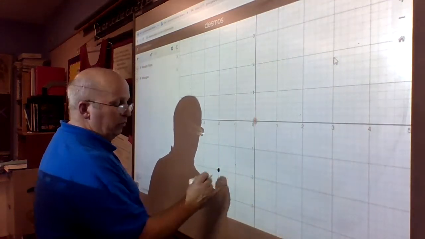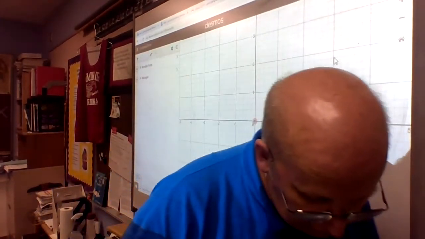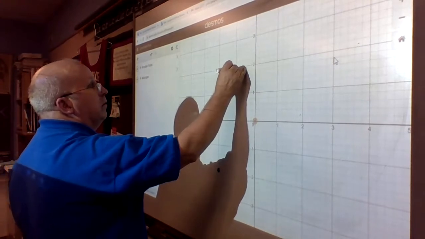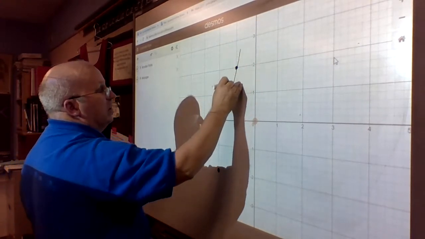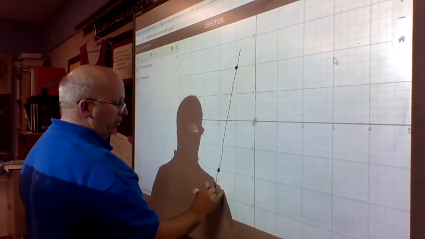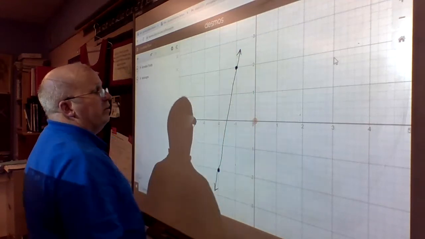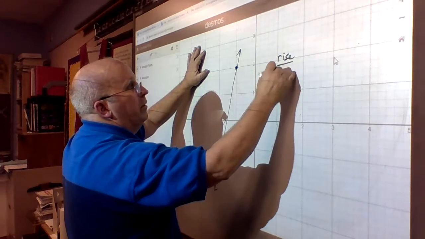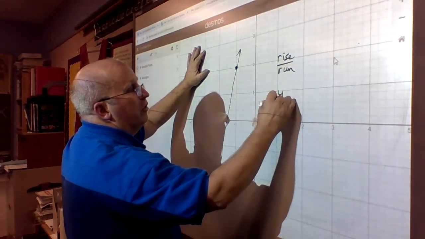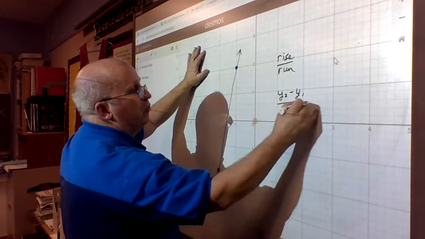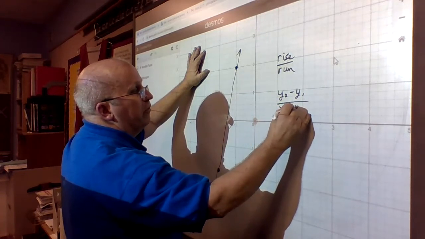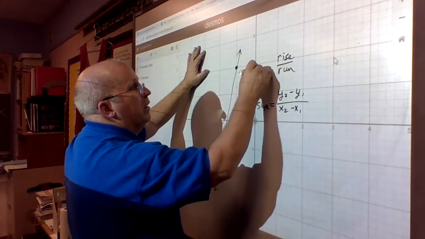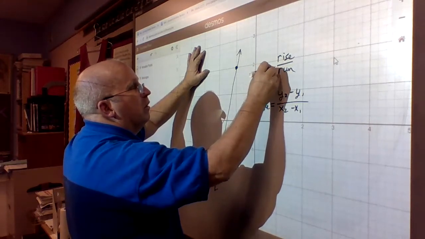And -1, +2, that'd be way up here. If I have a line going through these two dots, there's two ways you can find the slope: the rise over run method, and also the second y minus the first y over the second x minus the first x method. So let's do them both.